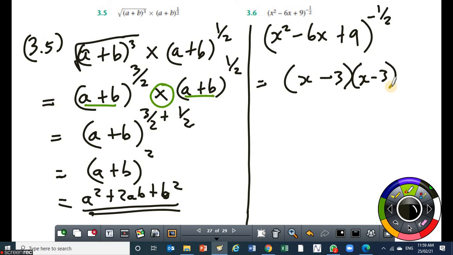Right? So we factorize the trinomial. But we have this circular bracket and that circular bracket, and that exponent is negative a half. So we need to put a square bracket, then you put minus a half. What's inside the square bracket are the factors of that trinomial.